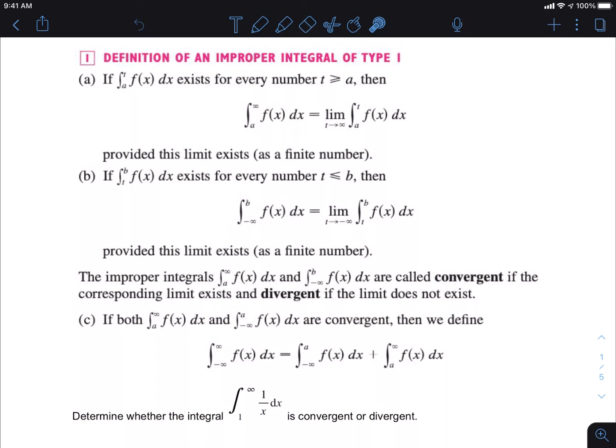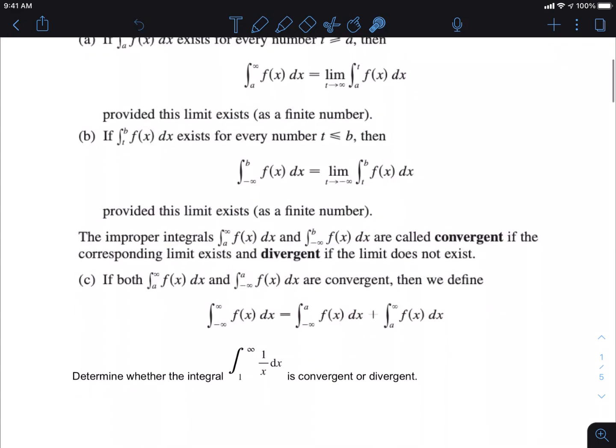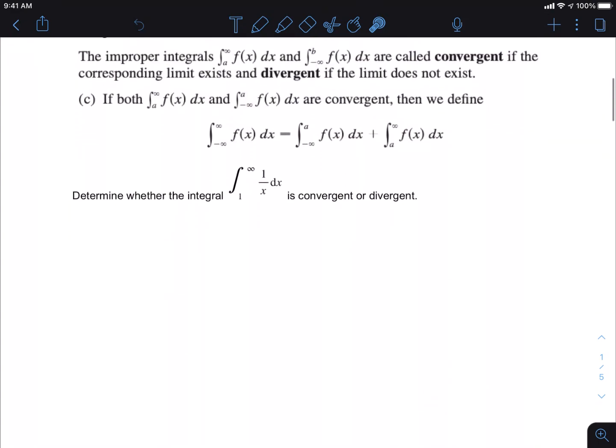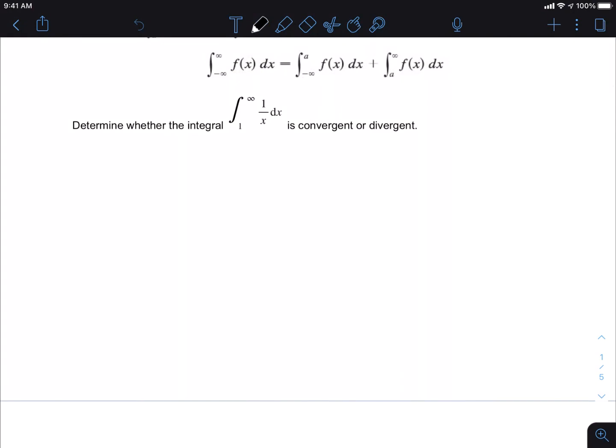Let me show you some examples, and then hopefully this shouldn't be too bad for you guys to grasp. In this first example, we're taking an integral that's going to go from 1 to infinity, and we need to determine if it's going to be convergent or divergent.